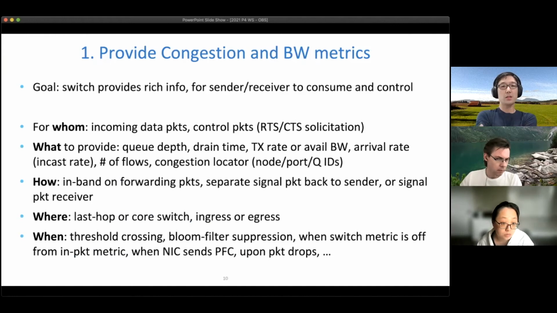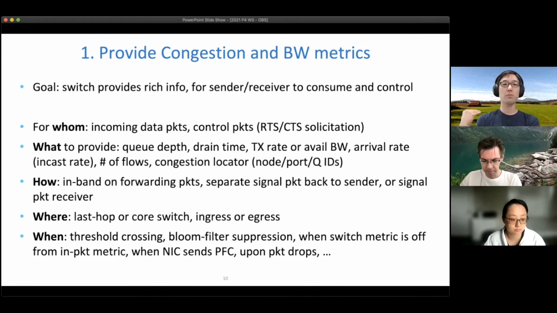This is the list of congestion-related metrics the switch can generate and provide. There are lots of dimensions we can talk about: which data or control packet we want to react to, and what information, such as queue depth, draining time, available bandwidth, or in-cache ratio.